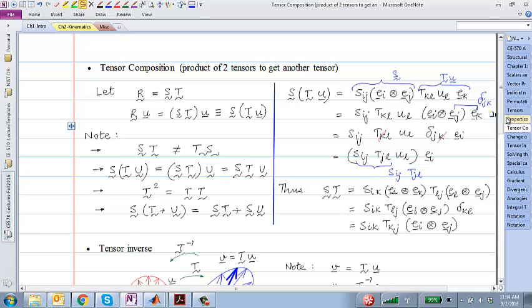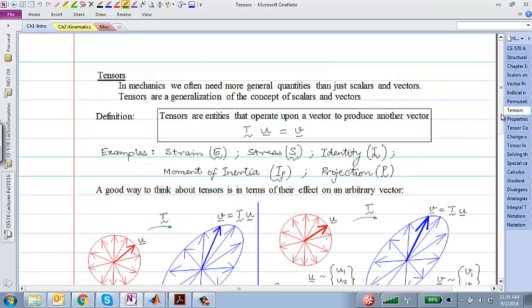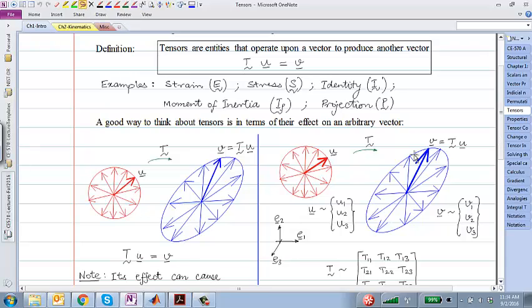And indeed, that's how we defined it. What exactly a tensor does, the shape of the resulting ellipsoid, is basically what defines a particular tensor. A different tensor might give you a different ellipsoid, but they all take the original same set of arbitrary unit vectors.